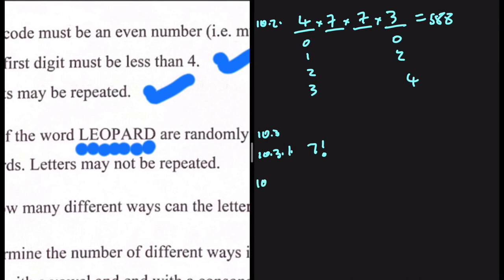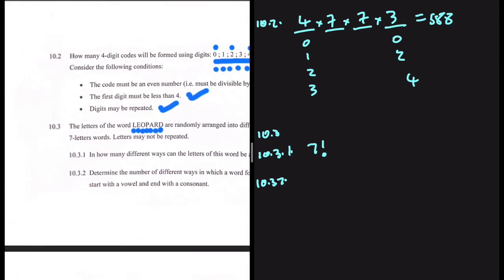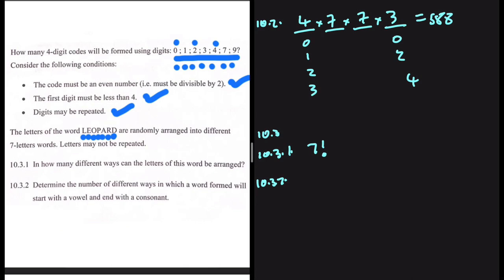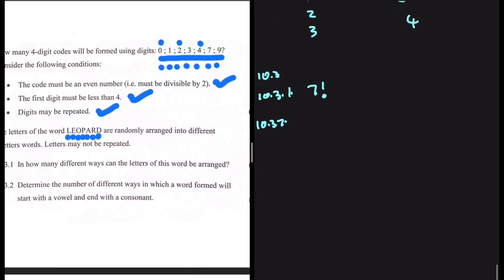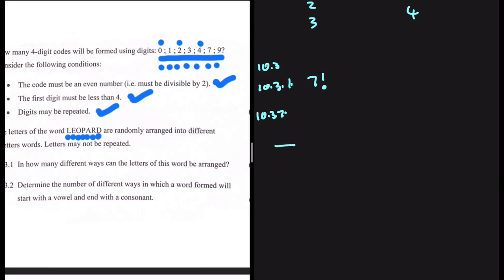And then the following question, 10.3.2, determine the number of different ways in which a word formed will start with a vowel and end with a consonant. Right, let's see how that will look like. We need 7 spaces as we have 7 letters. So we're going to have 1, 2, 3, 4, 5, 6, 7.